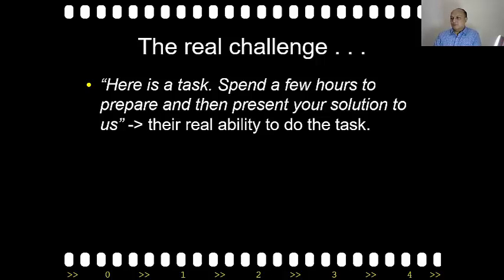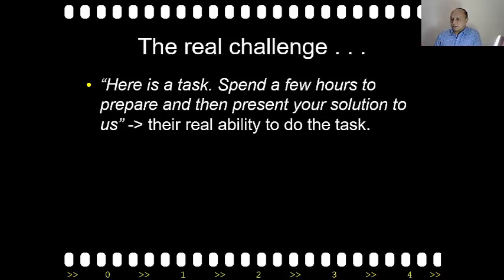The idea is to have them tackle the real task. Although it's still a simulated task, this will give you a better idea of how they handle the task, how they prepare for it, and how they carry it out until its completion.